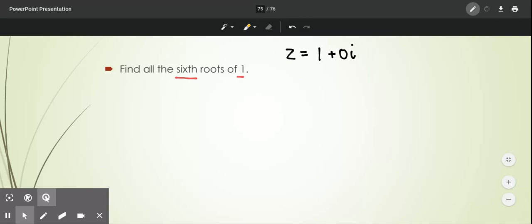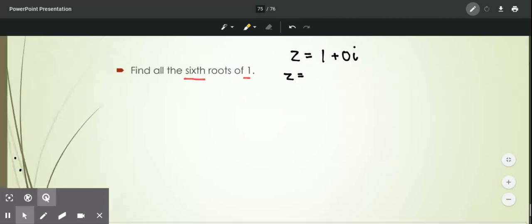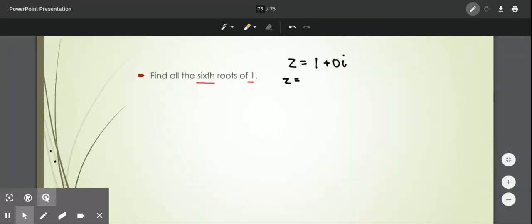To write this in trig form, to find your r value, r will be the square root of 1 squared plus 0 squared. So we just get that r is 1.